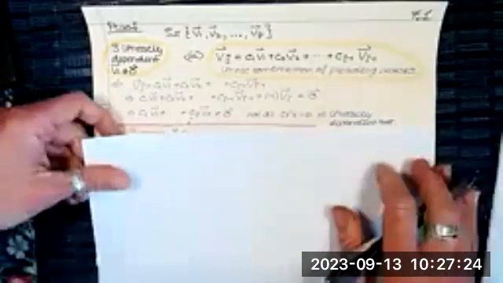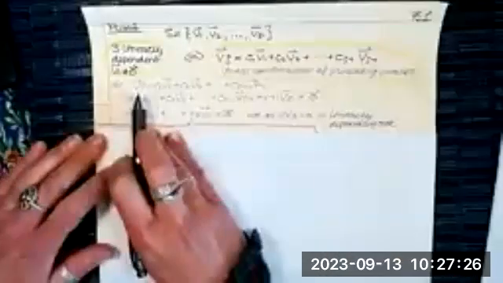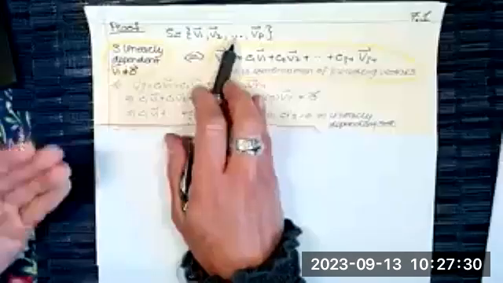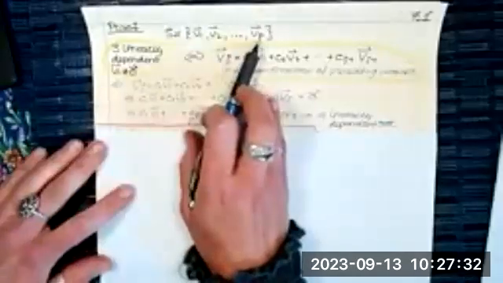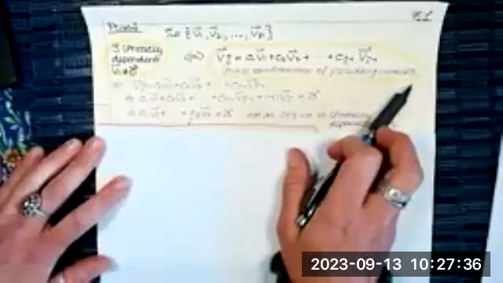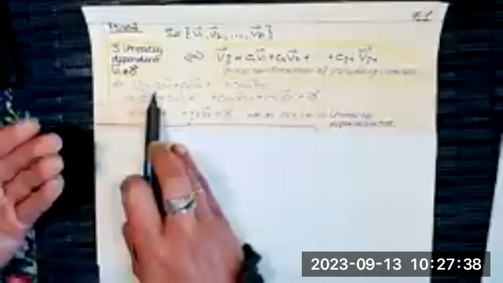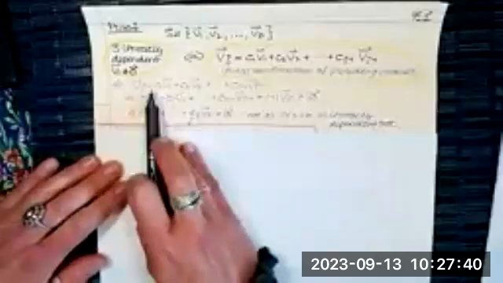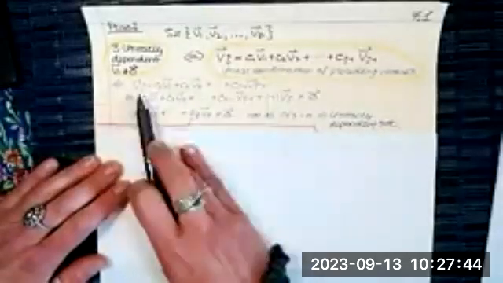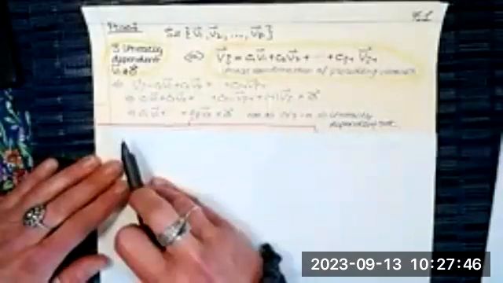Suppose some vector Vj between V1 and Vp is a linear combination of the preceding vectors. Then Vj can be written as constants multiplied by those preceding vectors, with not all constants being zero.